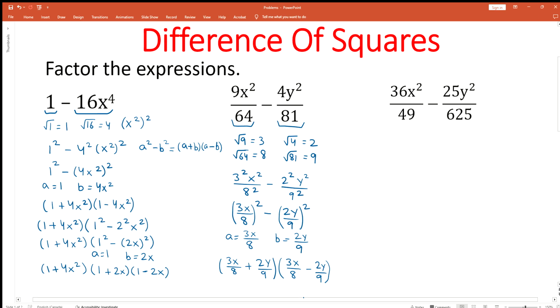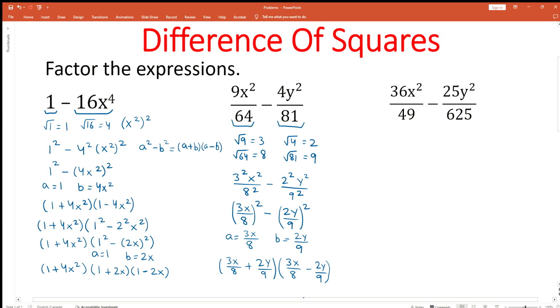Now we can factor the third expression, 36x squared over 49 minus 25y squared over 625. We can simplify this given expression by reducing the second fraction, 25y squared over 625.